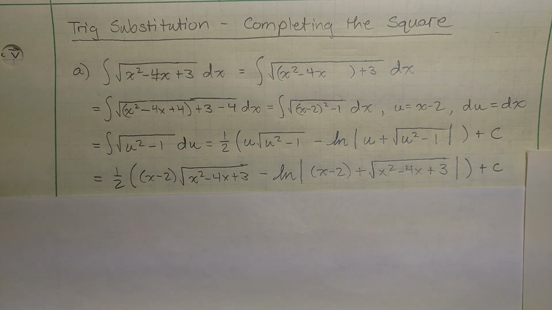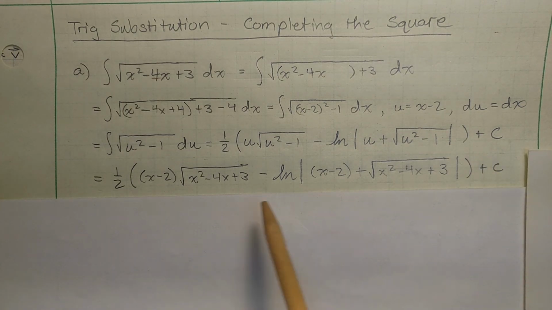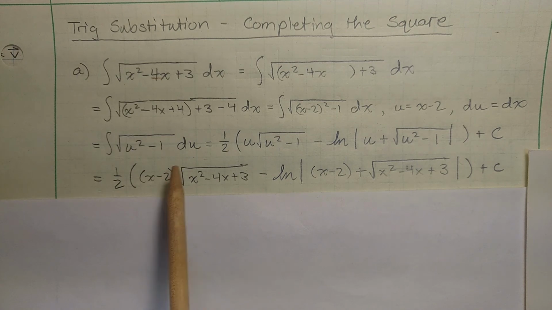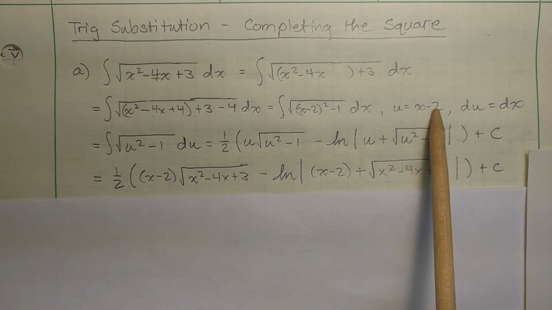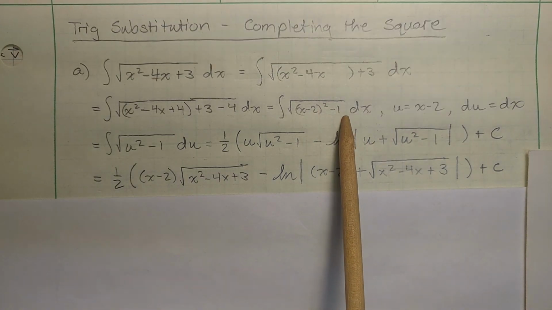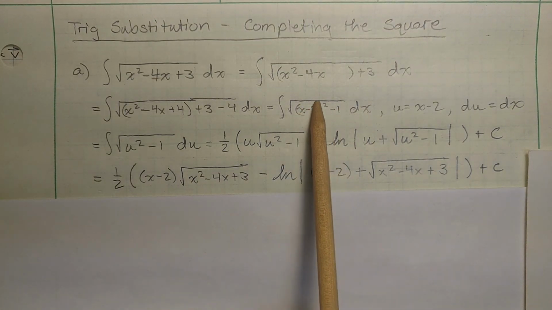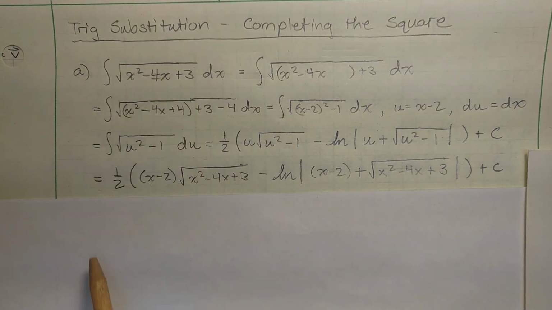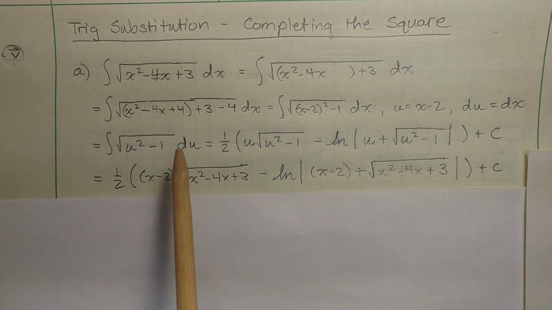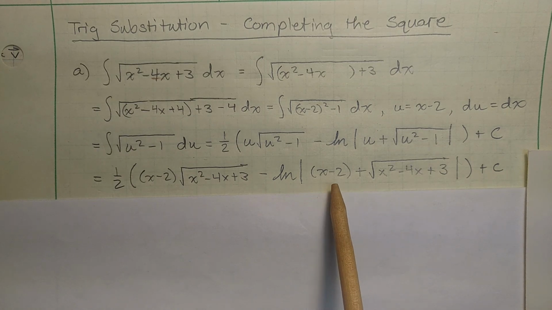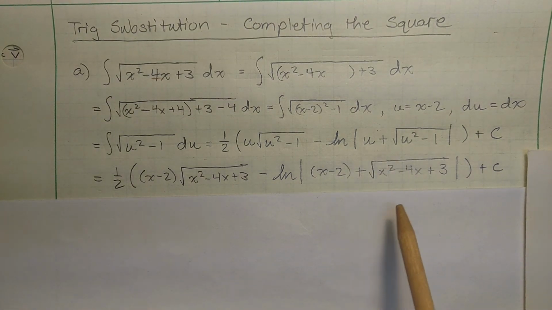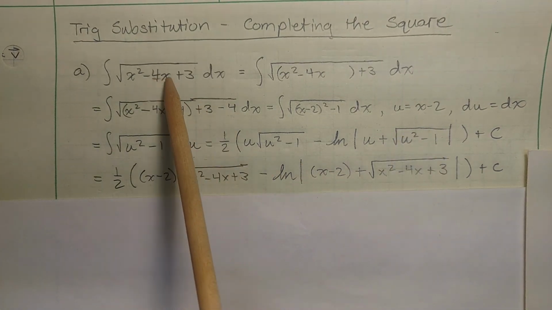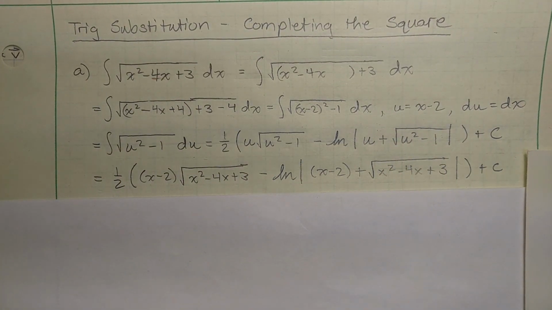Substituting in for u, I get x minus 2. In here, my u was x minus 2, but remember, x minus 2 squared minus 1 was just a reworking of the expression I started with under the radical, minus the natural log. My u is x minus 2 that I have there, plus, once again, this is just a reworking of the original, so I can just put it back to the original, and now it's all in terms of x.